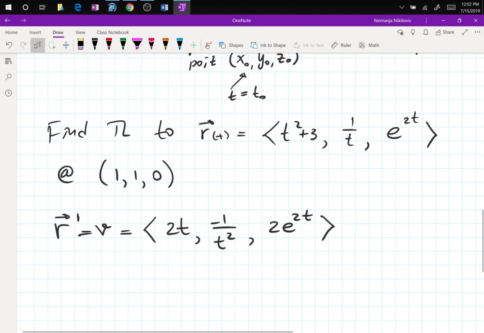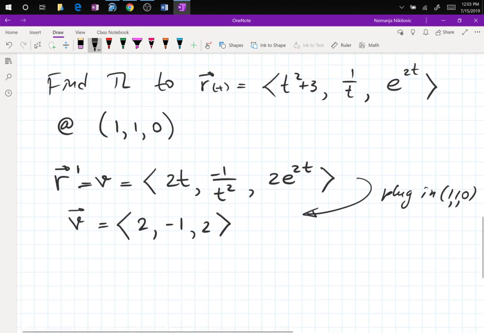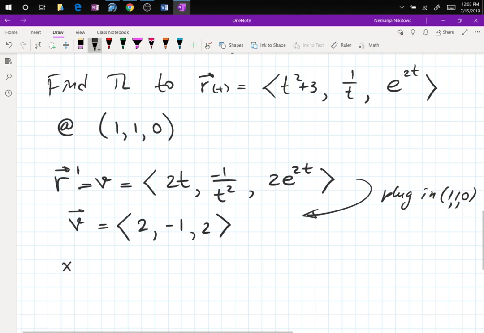Now vector v is going to be 2, negative 1, 2, plugging in t equals 1. And I have my vector v. Now I need my x0, y0, z0.